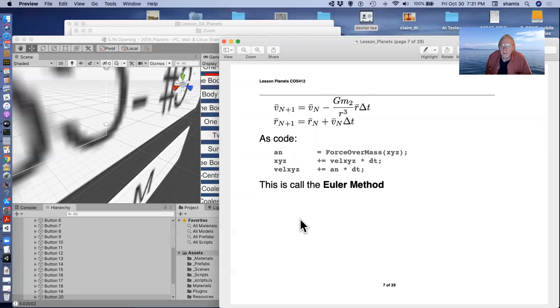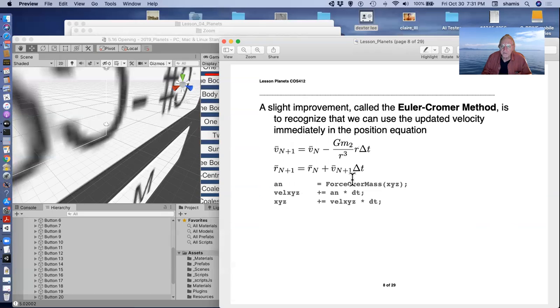So in Unity as code, this is really easy to implement. Our acceleration at the nth step is some function, force over mass, that we're going to solve given the position. We update the position with the velocity times the time step, and we update the velocity with the acceleration times the time step. And this is called the Euler method.